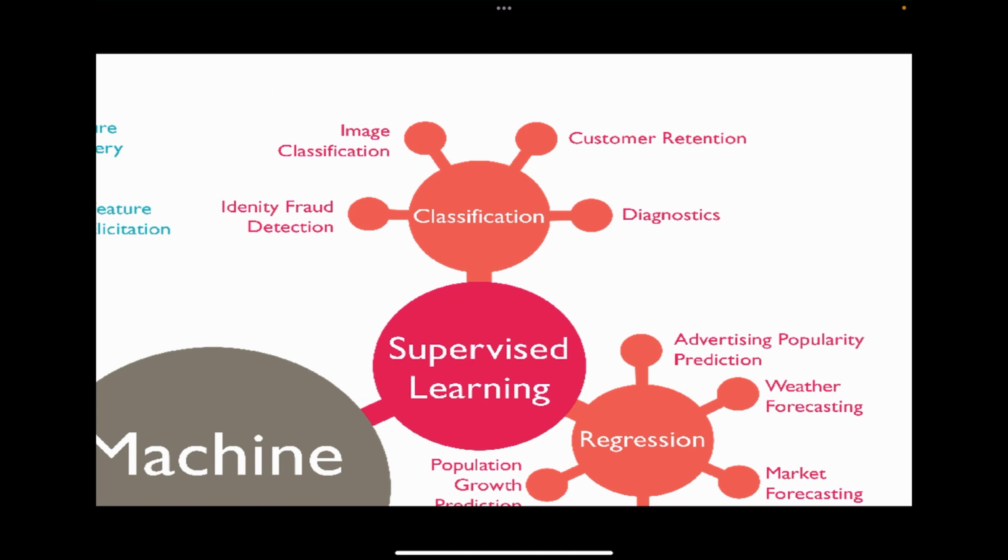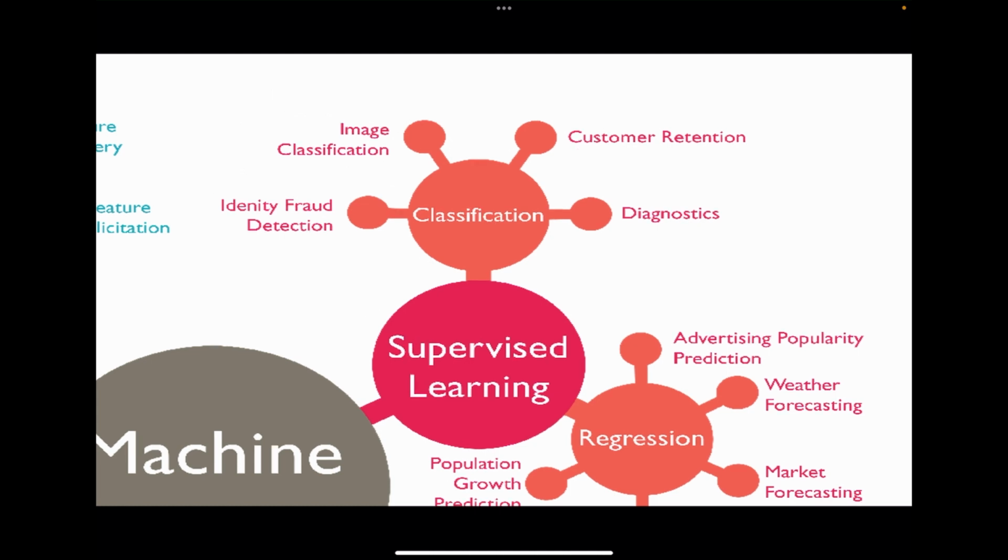So this task goes in the case of classification. Some of the examples are fraud detection, image classification, as I told earlier, customer retention, diagnostics. Diagnostics can be whether we have a profile of people in which we have their BP values, glucose levels, and we want to predict whether the person will have diabetes or not. Then these fall under the case of classification.